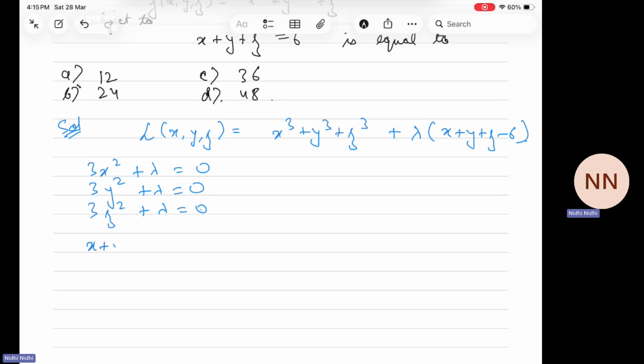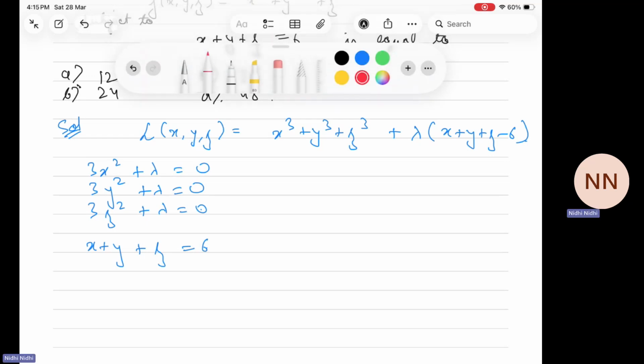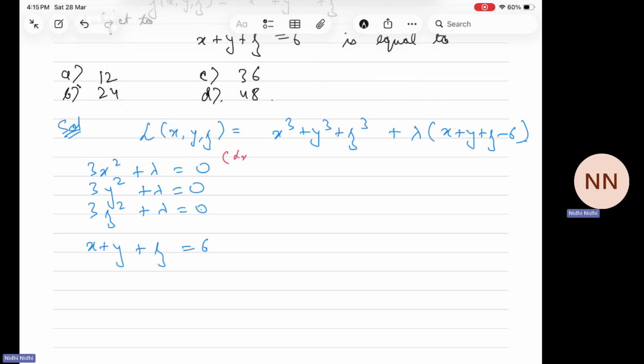And x plus y plus z equals 6. I'll write in brackets how we get this: Lx equals 0, Ly equals 0, Lz equals 0, and L lambda equals 0.